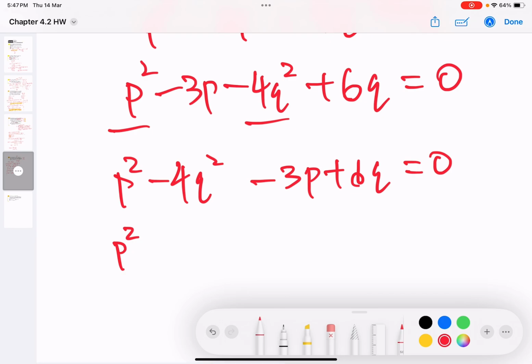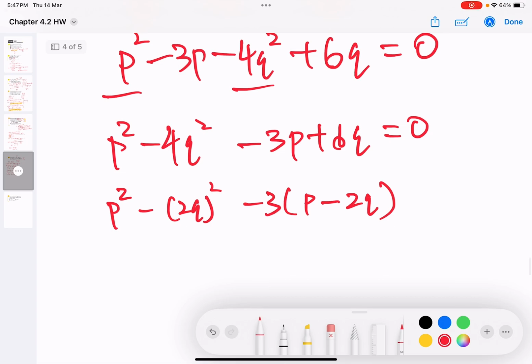I can express this as 2q squared, right? And for 3 and 6, I could probably factorize out a negative 3. If I do that, I'm going to get p minus 2q.